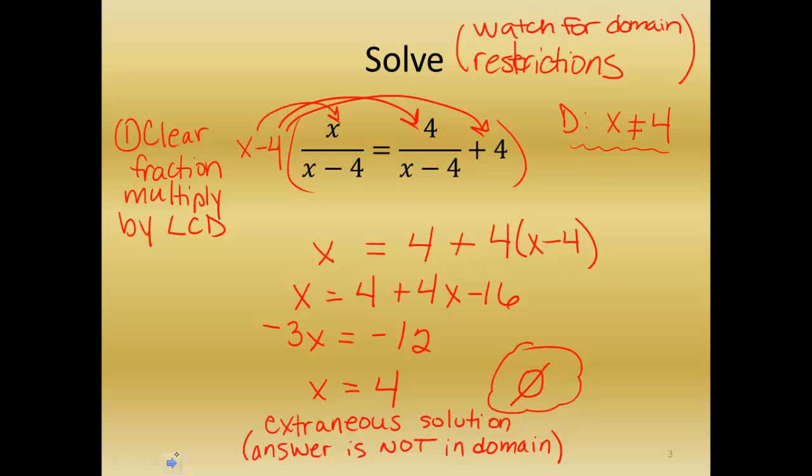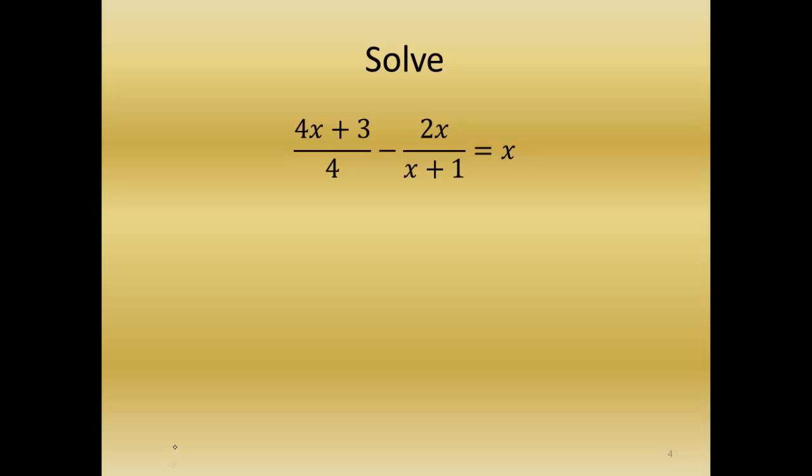So let's go on to another one. 4x plus 3 over 4 minus 2x over x plus 1 equals x. Again, I'm going to look for that domain restriction, and my only restriction is that x cannot equal negative 1.